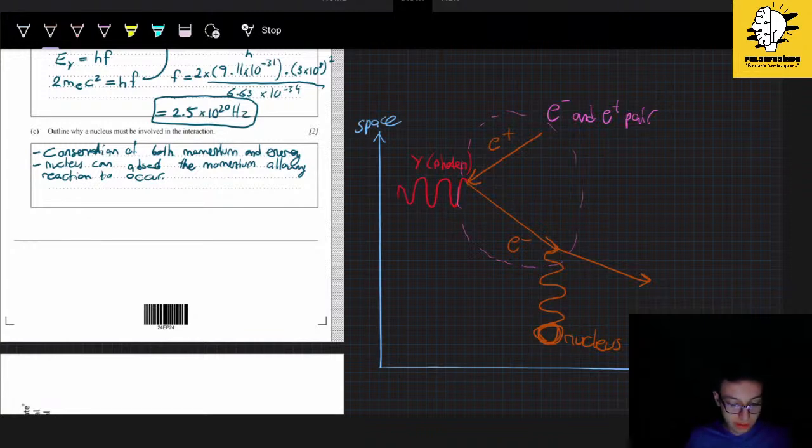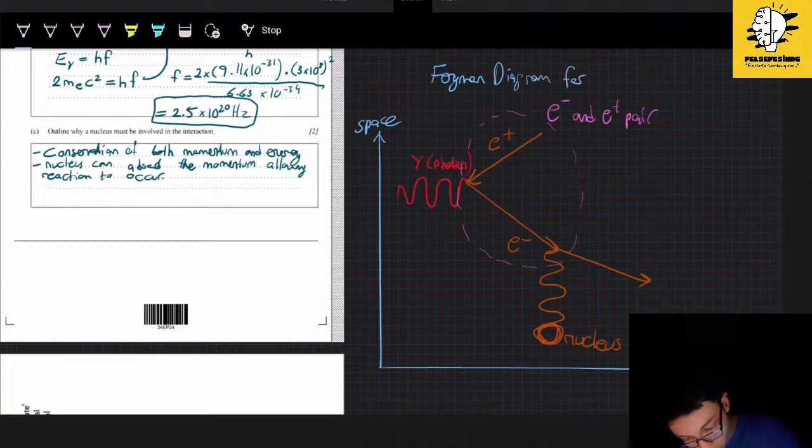The Feynman diagram shows us that we have to equate both momentum and energy. We have to conserve both of them. That's why we have a Feynman diagram like this. Let me just title it as well. Feynman diagram for photon to E minus and E plus pair.